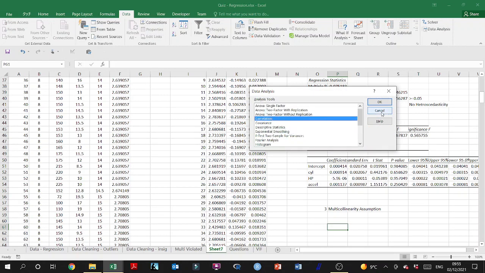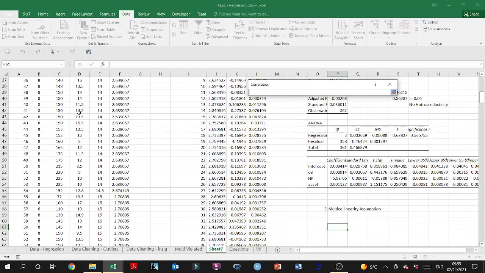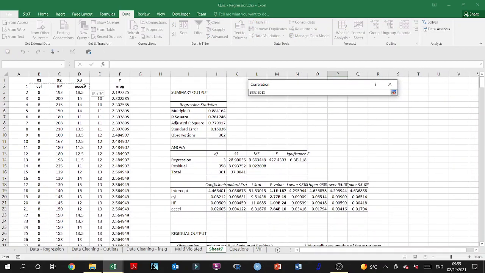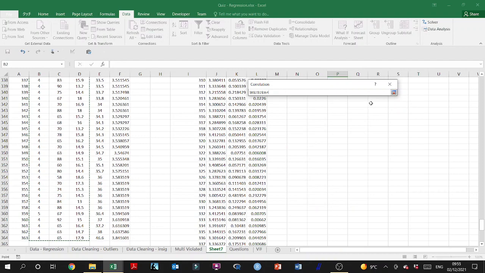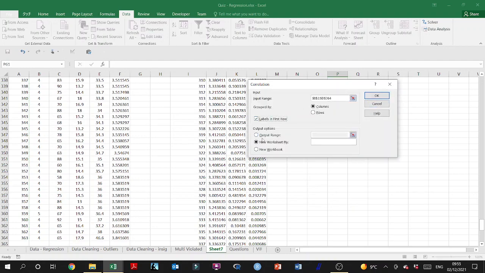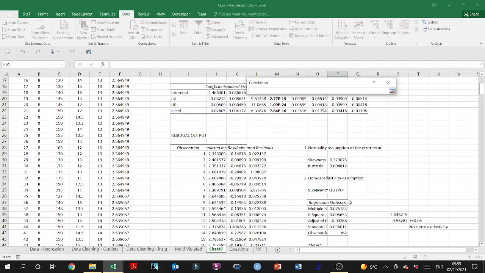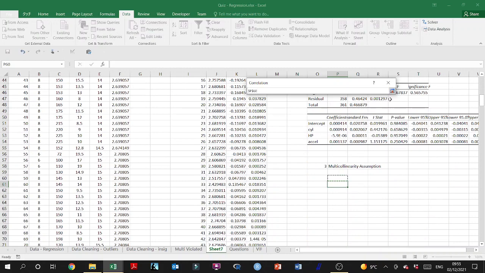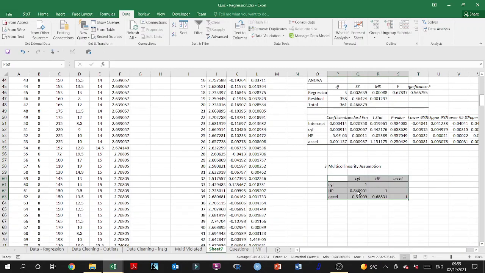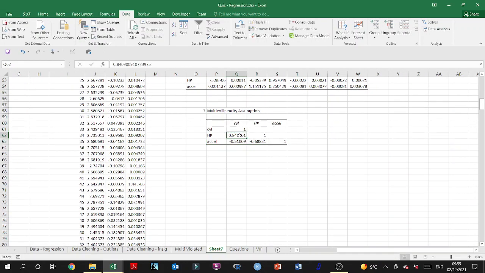Just an idea before I begin. I'm going to correlate all these three together and see labels and have the output somewhere nice here. Just would like to see the correlation matrix. Oh, there's high correlation here. Let's see.